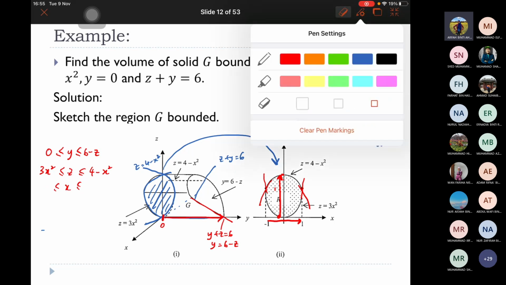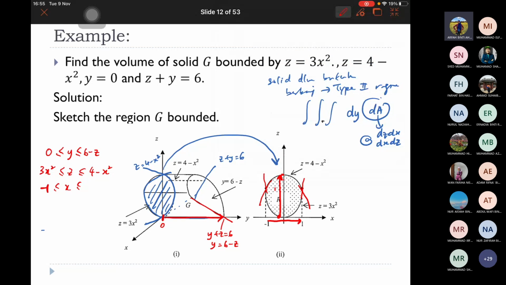Okay. So itu adalah macam mana kita nak tentukan dia punya limit of the integration. So daripada negatif 1 sampai 1. Okay. So dia tak ada bagi pun dia punya integration. Dia tak ada bagi pun dia punya volume.